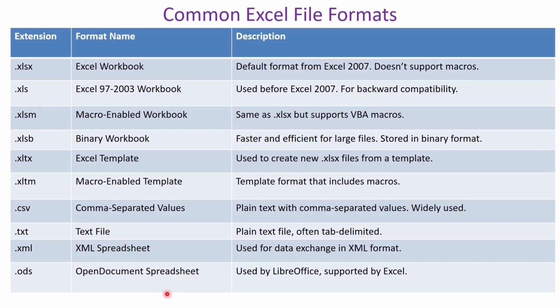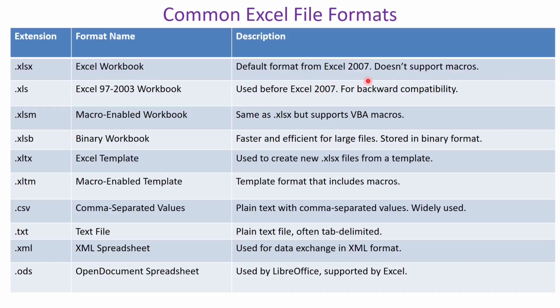So next we will see common Excel file formats. There are different types of file formats available in Excel. A few are listed. One is .xlsx, that is Excel workbook. It is the default format introduced in Excel 2007.